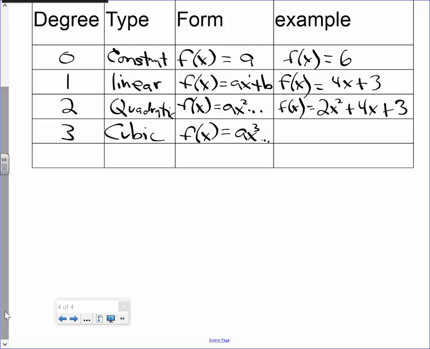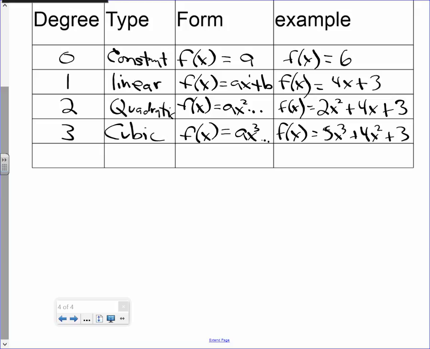The highest exponent is 3 now. So f of x equals, Paragon, what's your favorite number? 5x cubed plus 4x squared plus 3. How about that? Just made it up off the top of my head. That would be a cubic function.